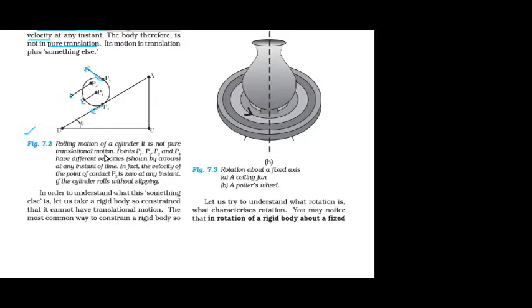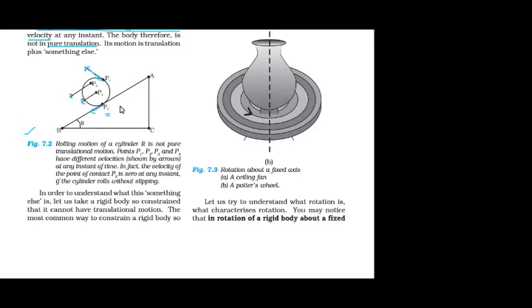Okay, another case here. I have given the example when the cylinder is rolling, so the direction of each particle is different. Here they have also considered one more thing. If the cylinder is slipping, not rolling, in that case also, consider the point P3, which touches the inclined plane.